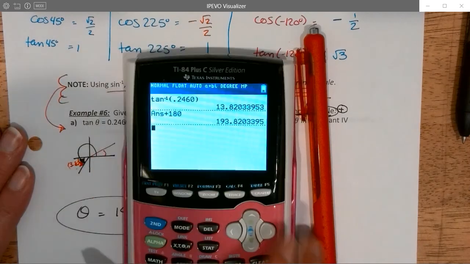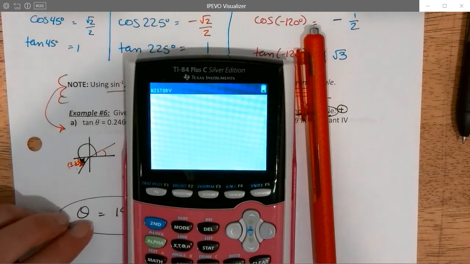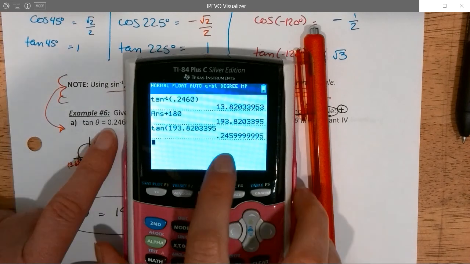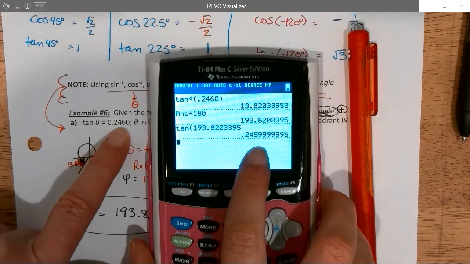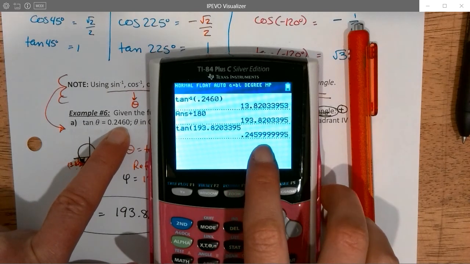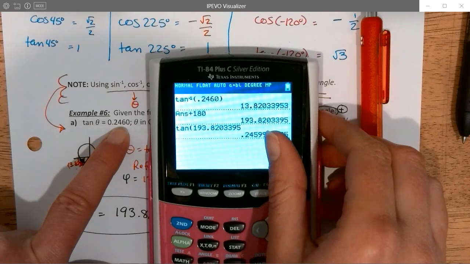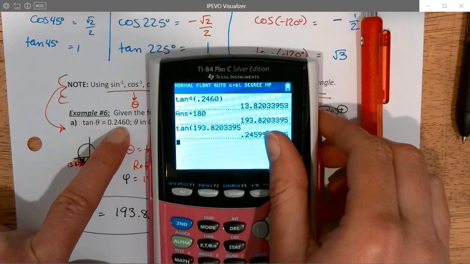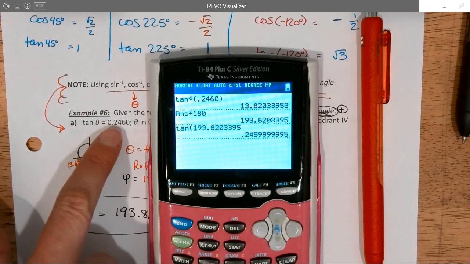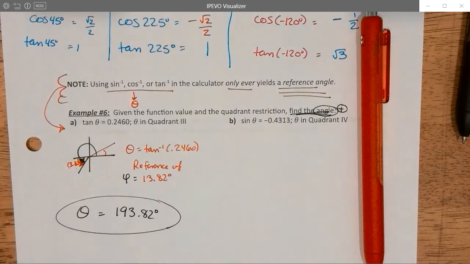Notice that if I take the tangent of that angle, I do get the 0.2460. Of course, it's off a tiny bit because I had to round the angle, but this does round to 0.2460. So it does give me the same ratio as my target right there. Okay, let's try another one.